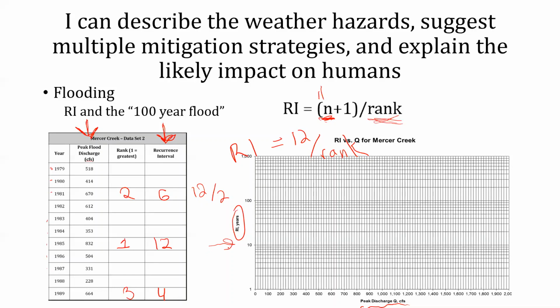All right, I'm going to just put the numbers that I have on the plot here. So recurrence interval is 12 and discharge is 832. I'm going to go find where I think 832 might be. Okay, and 12.